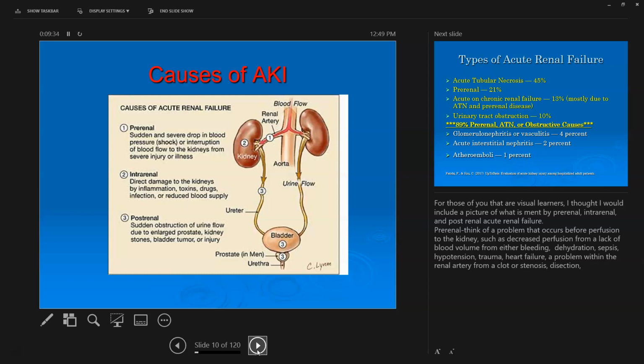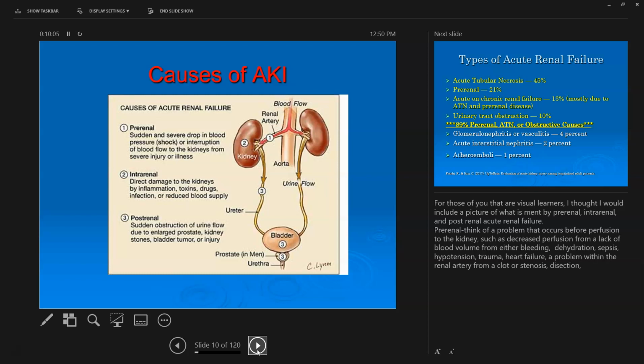And then we also have infections, of which strep is going to be the most common. And then other ones, like I said, not very common. The glomerular nephritis fits in that category as well.